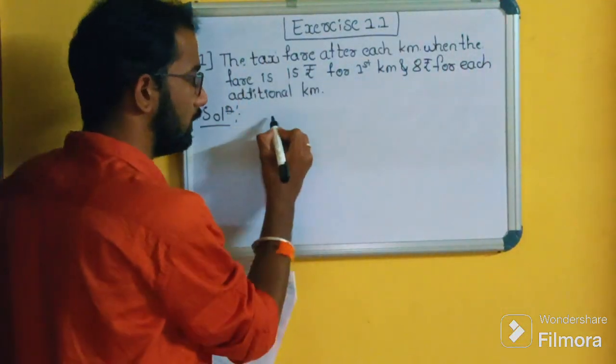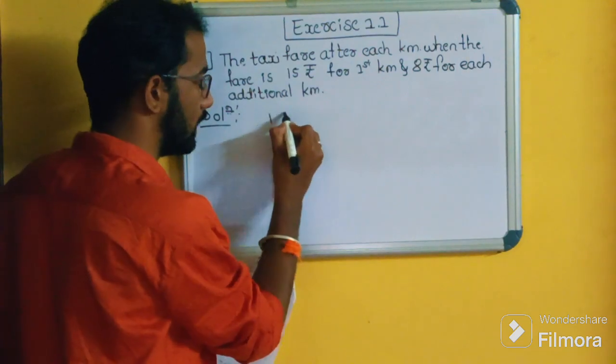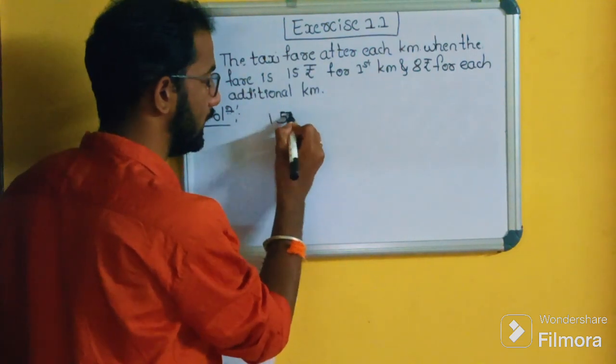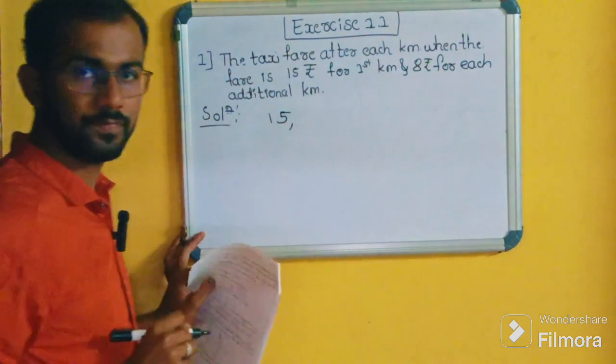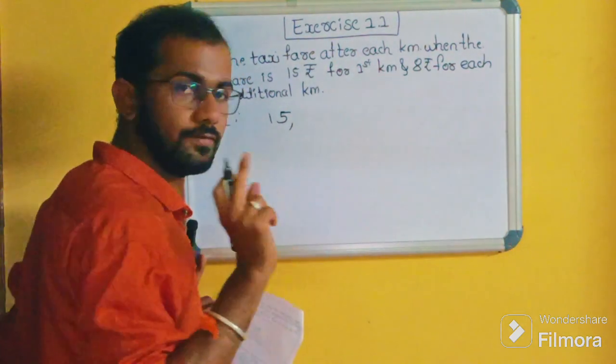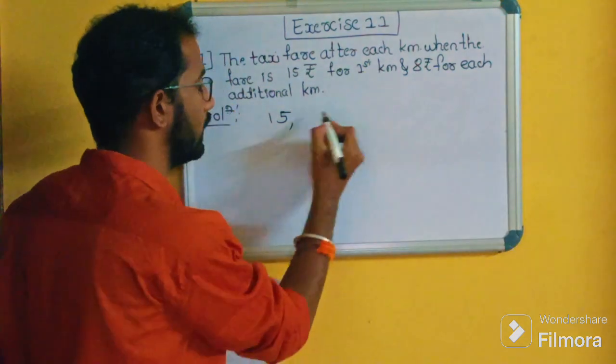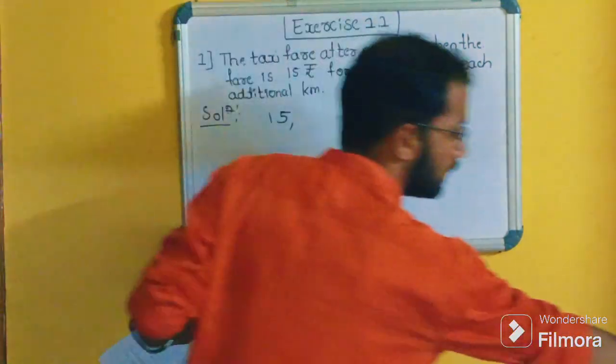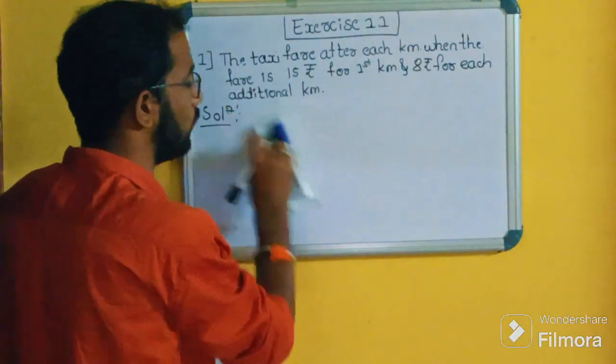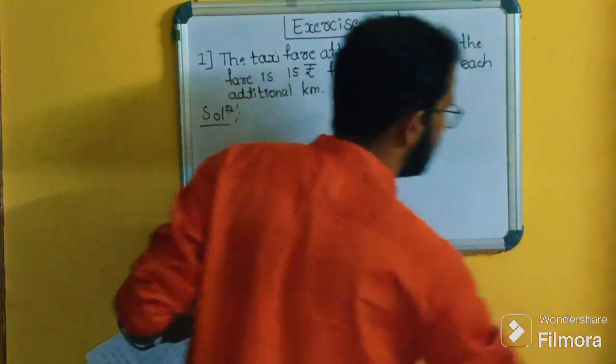For the first kilometer, the amount is 15 rupees. If you travel for the second kilometer, it is 1 kilometer extra. Let's solve with the general form, that is more simple to understand.